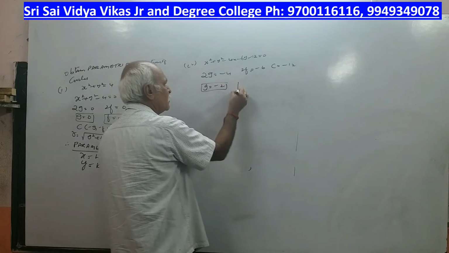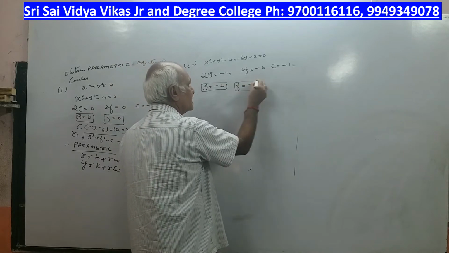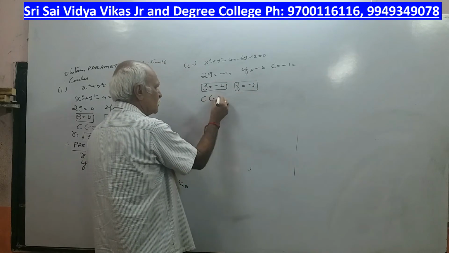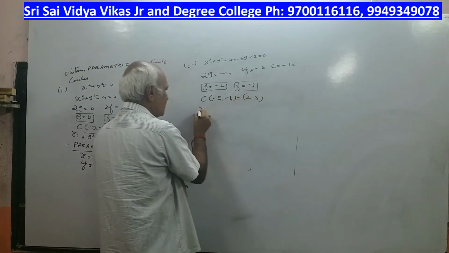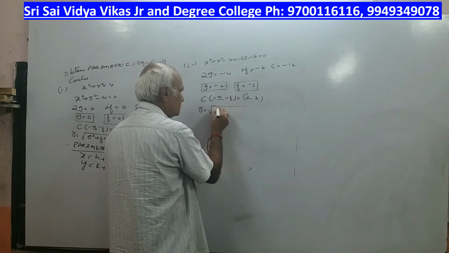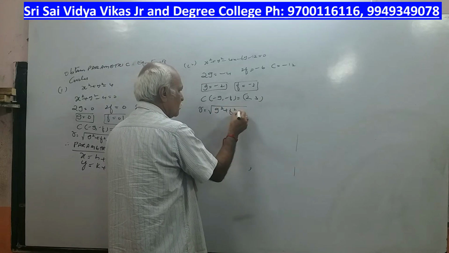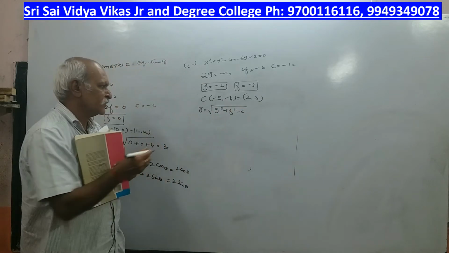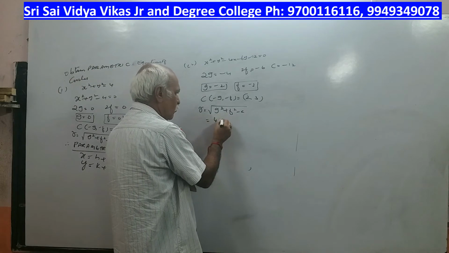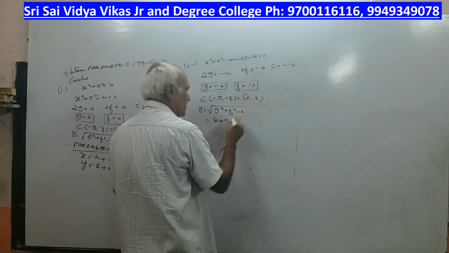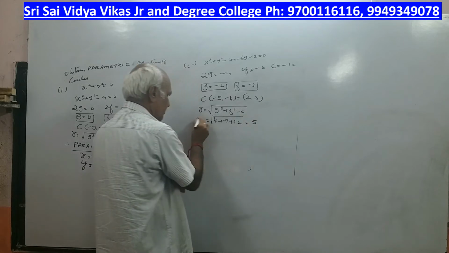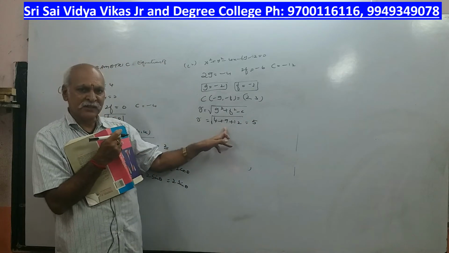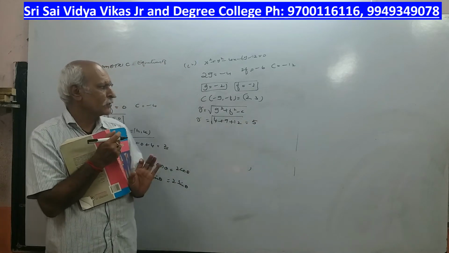Minus 2. f value minus 3. Center: minus g comma minus f, 2 comma 3. What is the radius? Root of g square plus f square minus c. So this becomes 4 plus 9, c is minus 12, so minus of minus plus. This will give you 5, because 4 plus 9 is 13, 13 plus 12 is 25. So square root of 25 is 5.